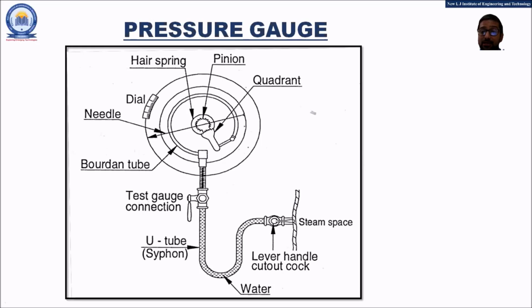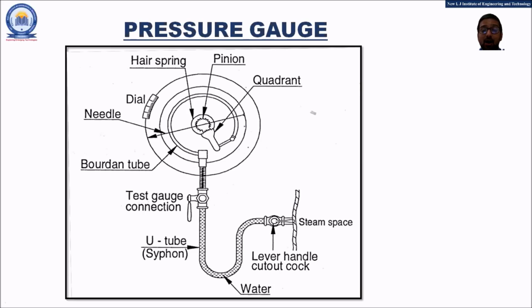So because of these tremendous movements, we cannot get the exact value of the pressure. But as time proceeds, when there is the equilibrium condition between the steam and the water collected in the U-tube siphon pipe, the operation of the needle will be stopped at one particular pressure, and that pressure can easily be noted from the dial.